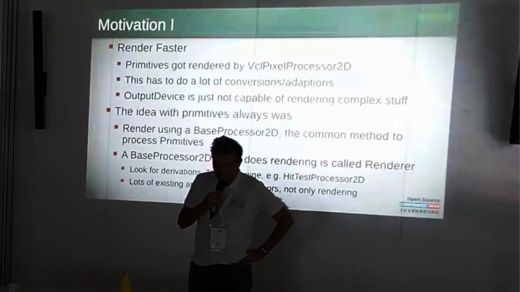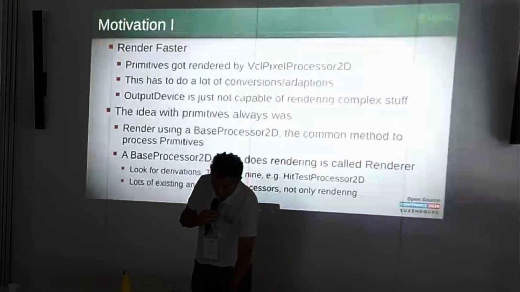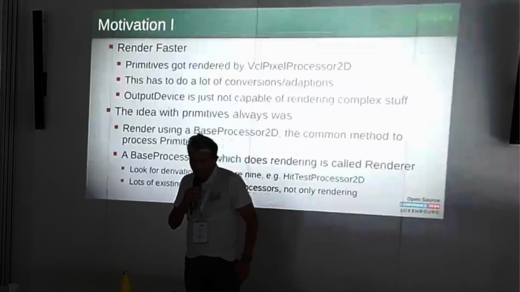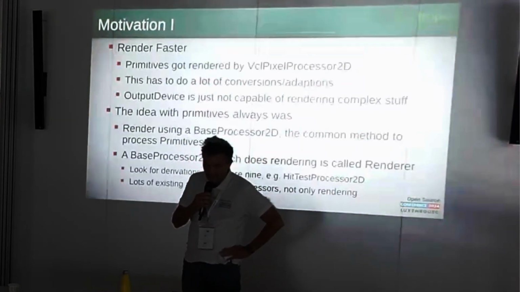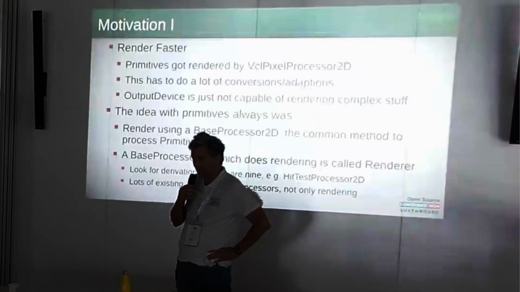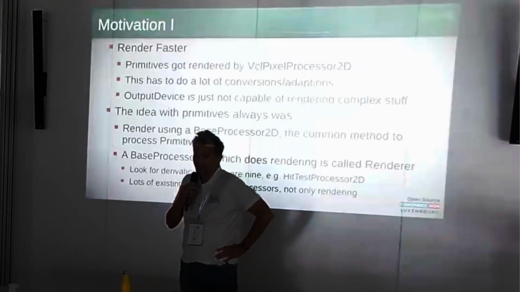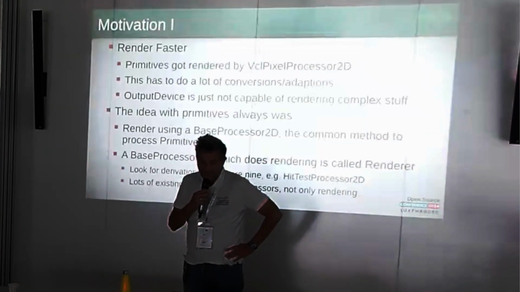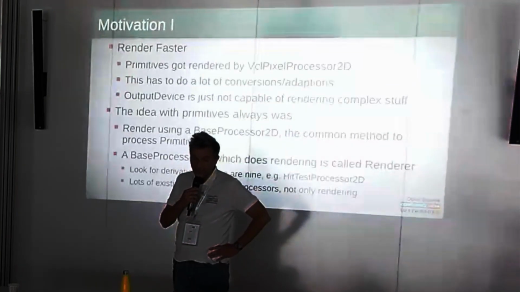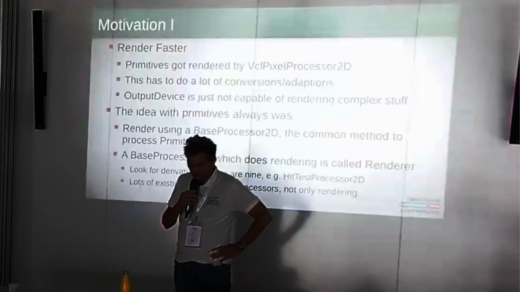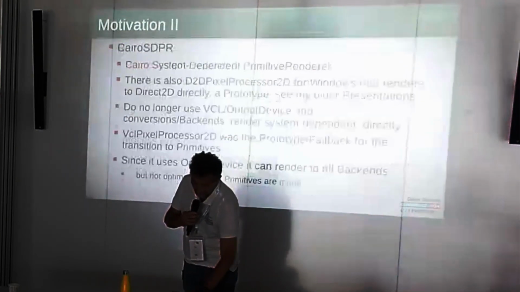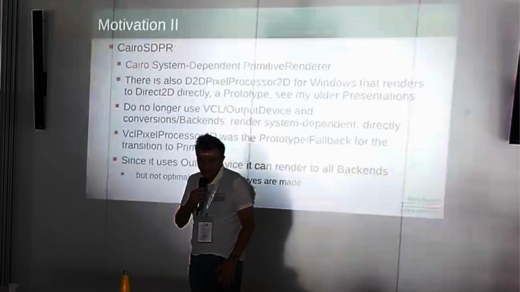So the idea always was to render using a base processor, and rendering it using a pixel processor was always an in-between step, and it was always planned to do renderers which are system dependent and can use the fastest available graphic system on the system where we could do implementation.